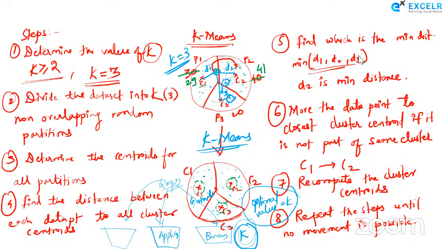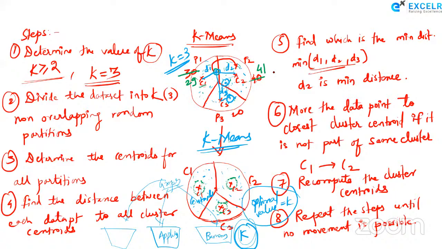Since we are moving data points, say we had 30 data points in C1 and 40 in C2, there will be subtraction from one cluster and addition to another. Since the centroid calculation involves all the data points in that cluster, we need to recompute the cluster centroids.